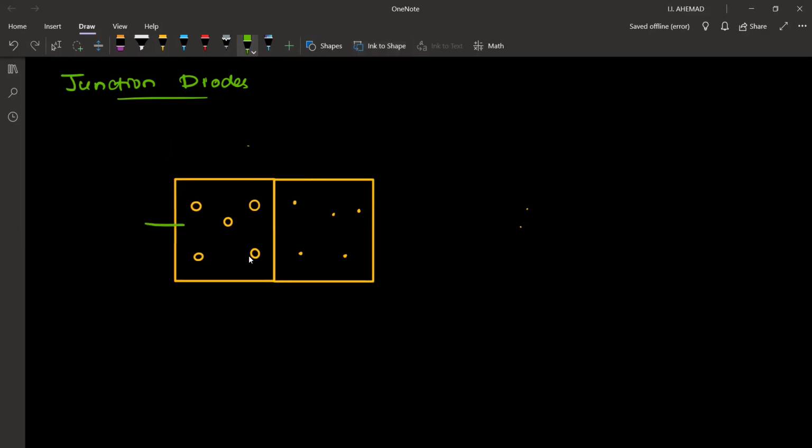This is p-type. And on the other side, we have n-type. So this side has more holes and this side has more free electrons.